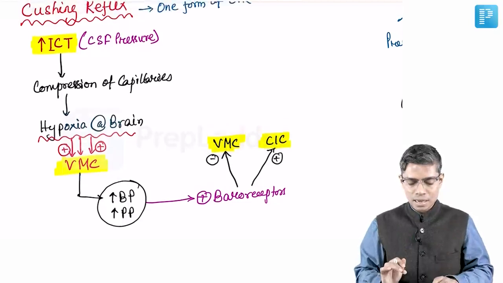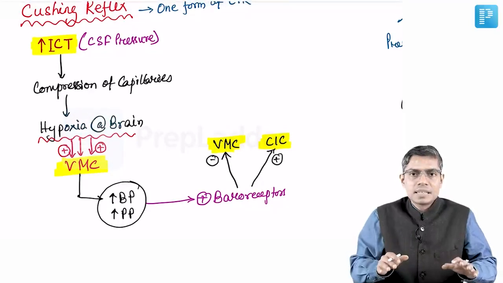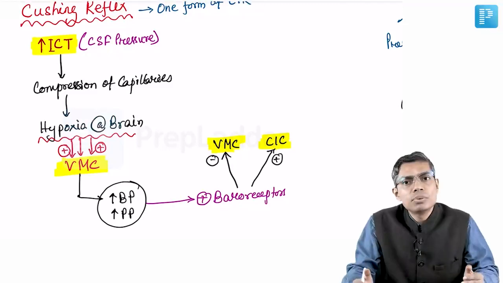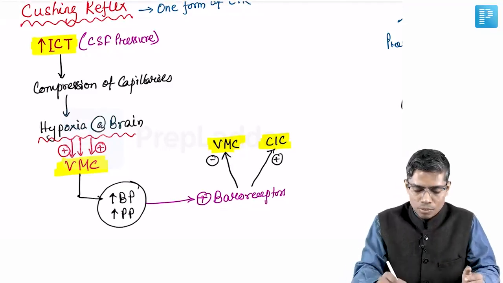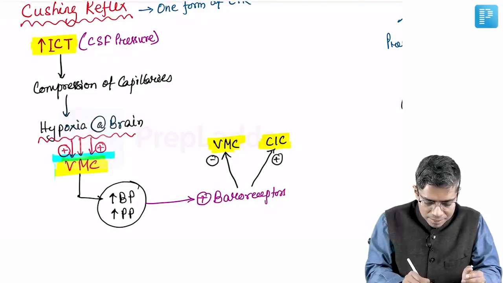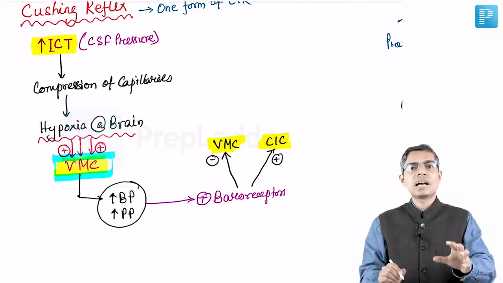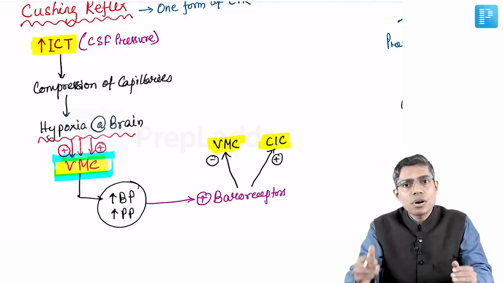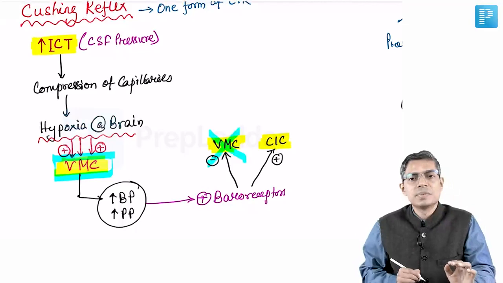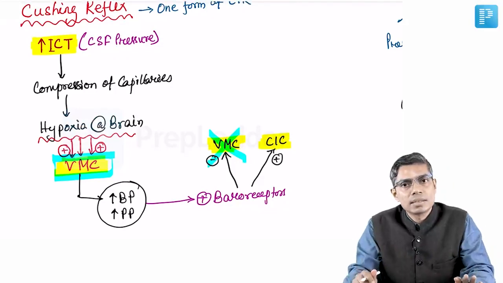Now, look at this and try to understand that in this scenario, although the baroreceptor is trying to inhibit VMC, will it be able to inhibit VMC? Answer is no. Why? Because this VMC is already active, activated by local hypoxia and hypercapnia. That is a very strong stimulus for VMC. So although the baroreceptor is trying to inhibit this VMC, it will not be able to do that.